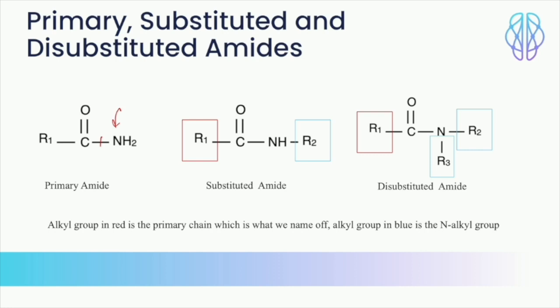In the substituted amide, one of those bonds in nitrogen is used to form a bond with another alkyl group. So you have your original alkyl group and you have another alkyl group bonded with nitrogen. In your disubstituted amide, so di meaning 2 groups bonded to nitrogen, you have your original alkyl group from the primary, another group from the secondary, and now you have a third group bonded to this nitrogen.